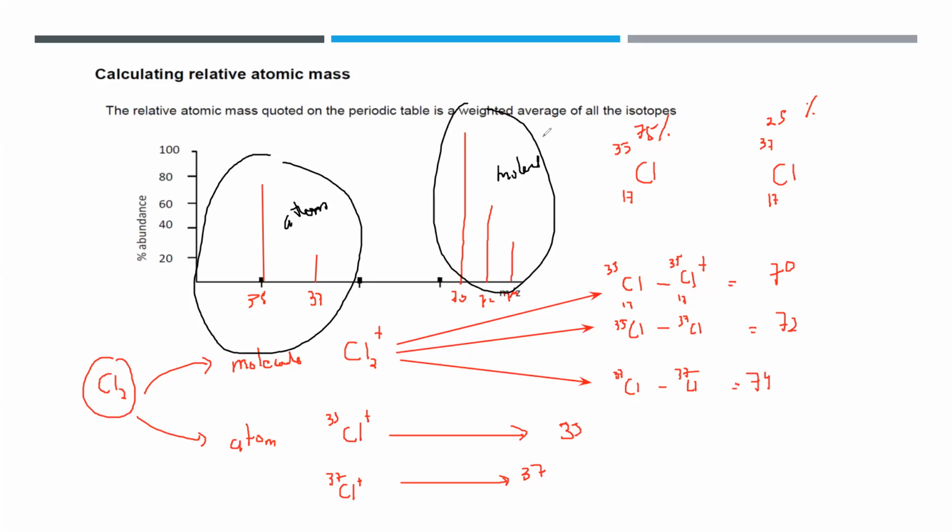For a non-metal which exists as a molecule, the molecule gives three peaks and the atoms give two peaks. Is it clear? Any doubt in this?